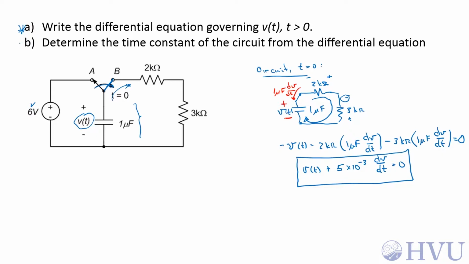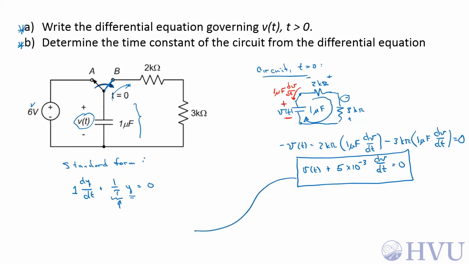Now in part B here, I want to find the time constant of the circuit from the differential equation. The standard form of my first order differential equation is going to be dy by dt plus 1 over tau times y is equal to 0. So what I do is have a multiplicative factor of 1 on dy by dt, and then my time constant is the inverse of whatever the coefficient is that multiplies y.